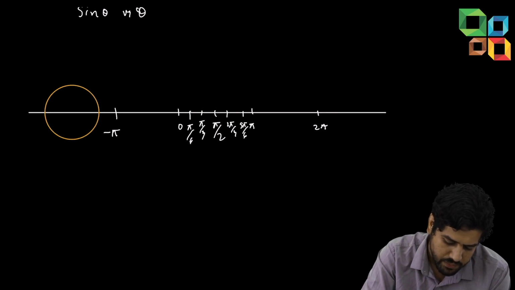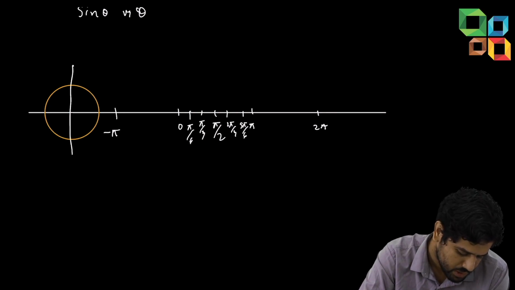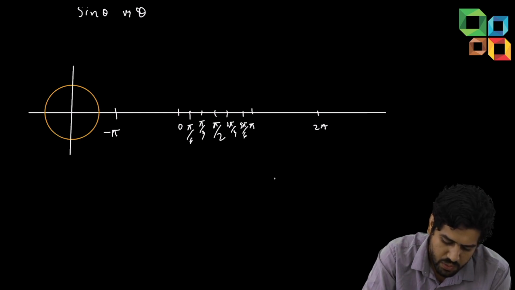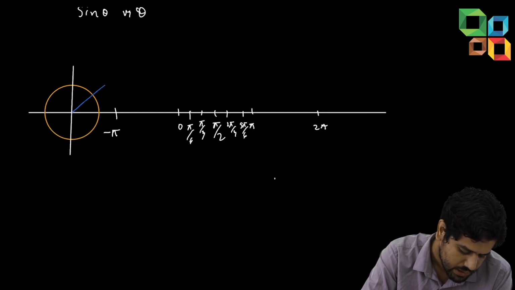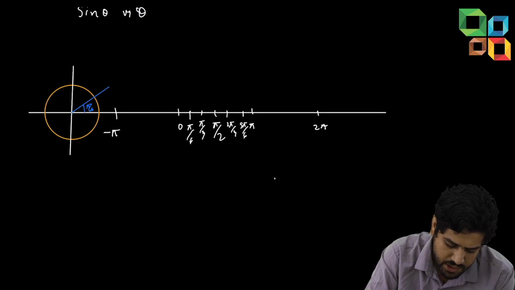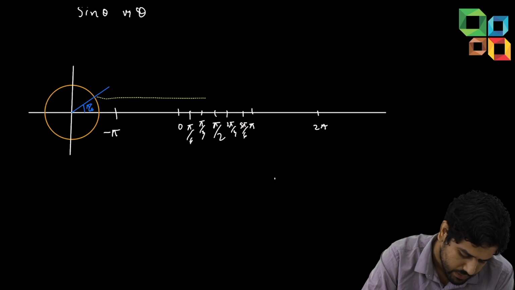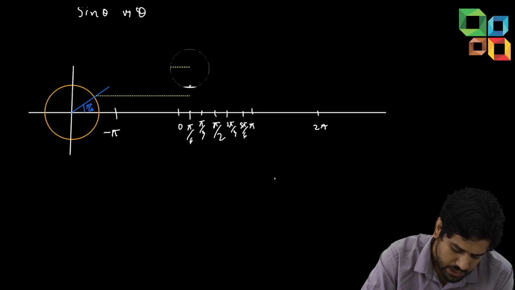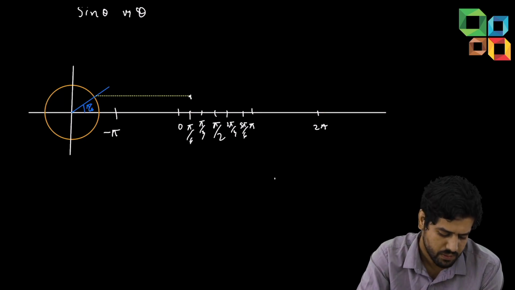Right, and then if you draw your unit circle here, you could take lines. So for example, pi by 6 you draw. You can just extend this pi by 6 here up to here, and that will give you the value of sine pi by 6. Okay.